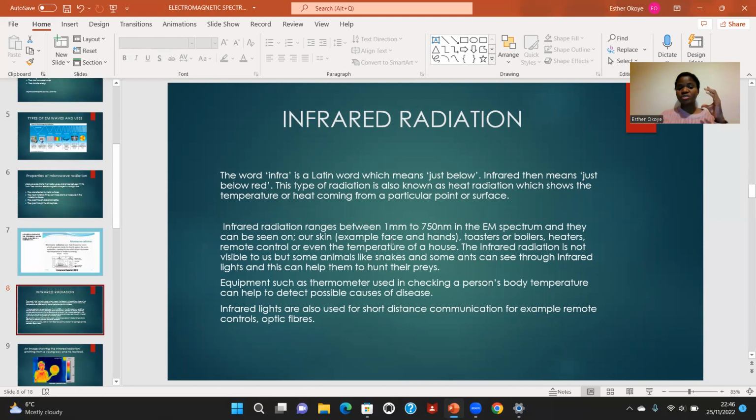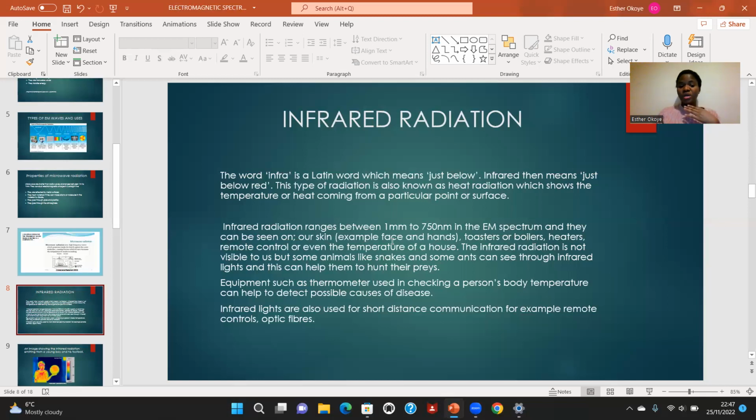Infrared radiation ranges between 1 millimeter and 750 nanometers in the electromagnetic spectrum, and it can be seen on our skin, like our face, hands and body, toasters or boilers. My laptop is also releasing infrared radiation because it's heating up.